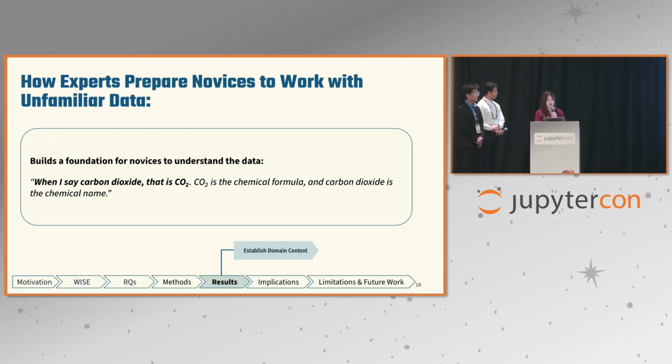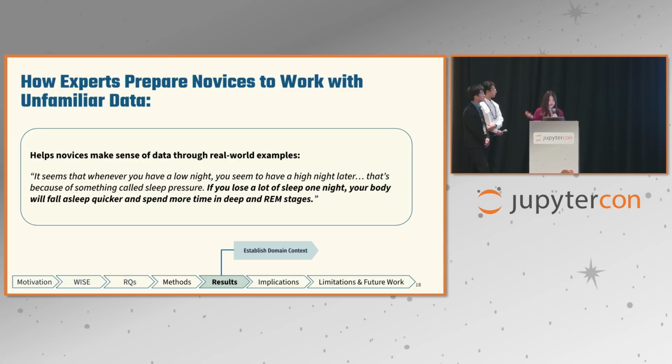This one is provided by one of our experts, saying, "When I say carbon dioxide, that's CO2. CO2 is the chemical formula and carbon dioxide is the chemical name." You can see here the expert is trying to give some explanation of the technical term to help build this foundation for the novice to understand the data field. Another example here is this expert trying to give an explanation of sleep pressure.